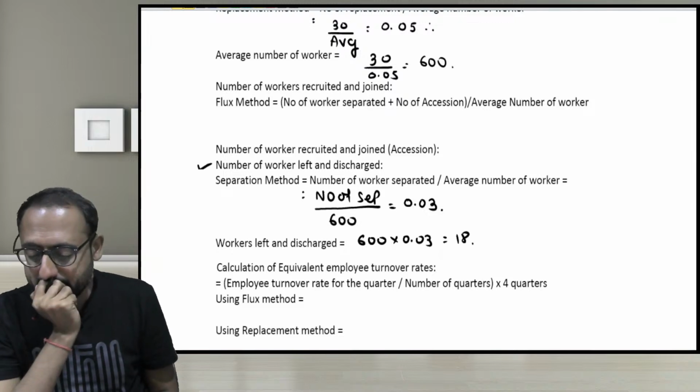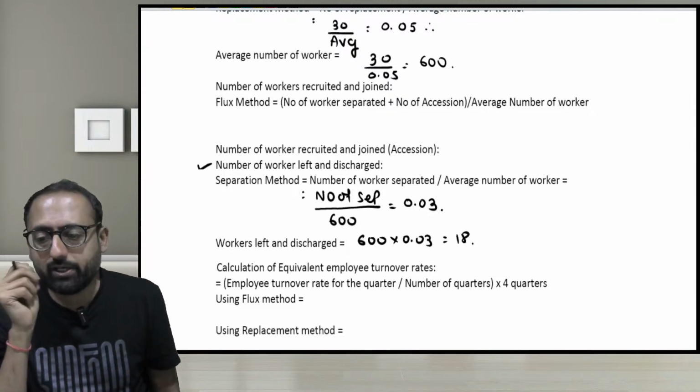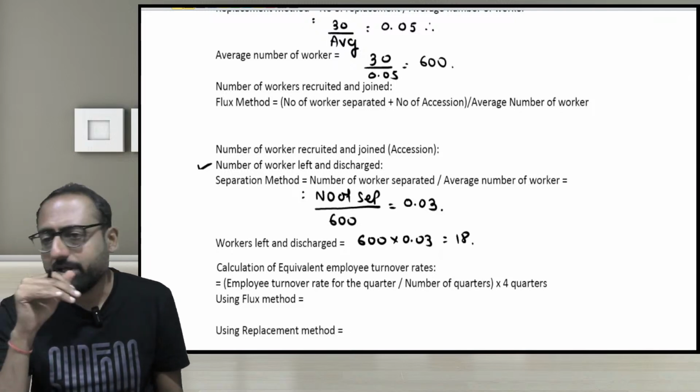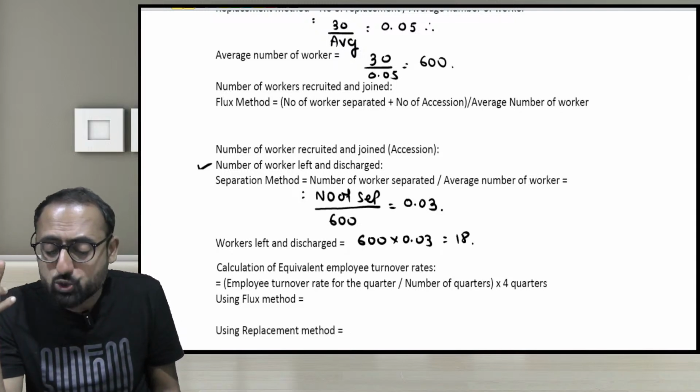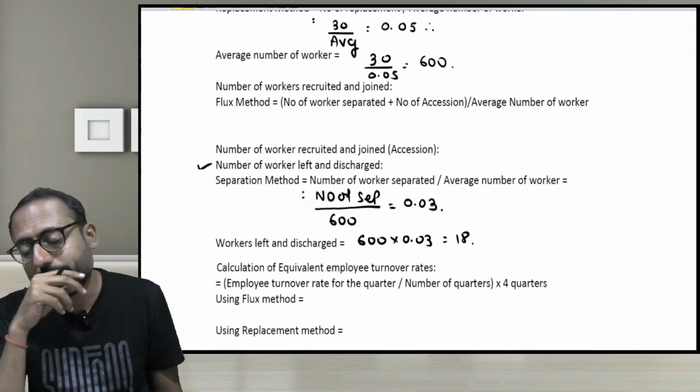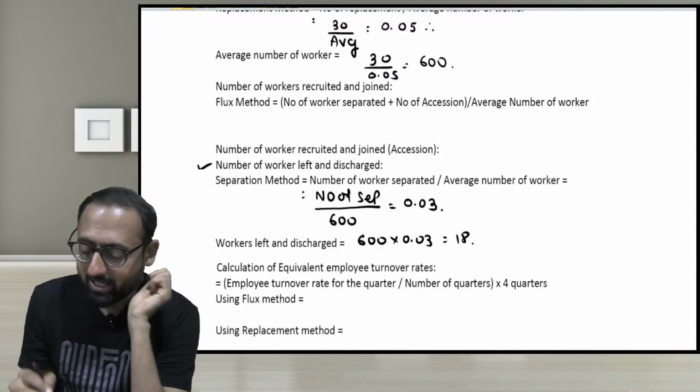Now let's see how many total workers are joined. Total workers joined means number of workers replaced plus new recruitment for expansion.